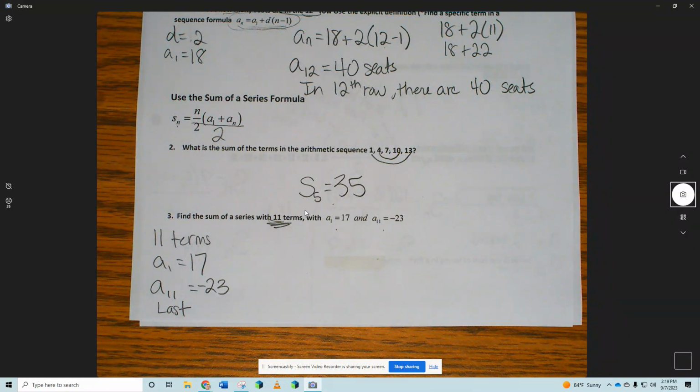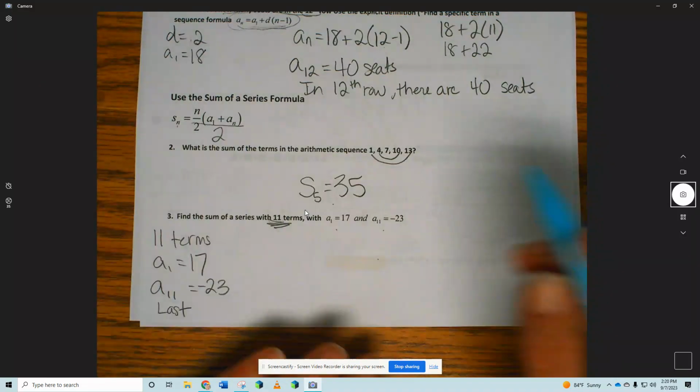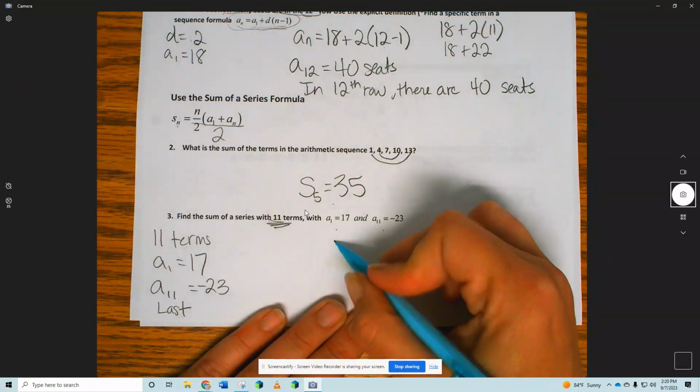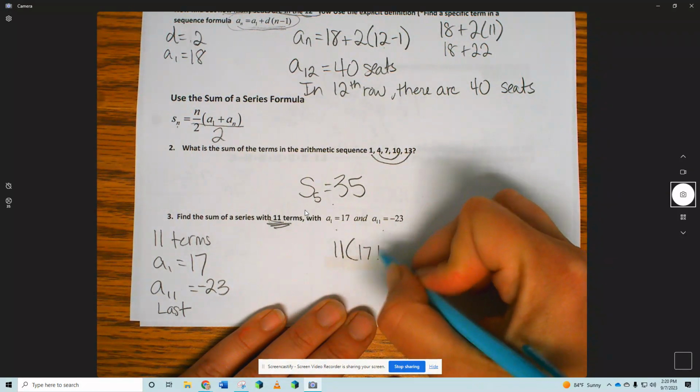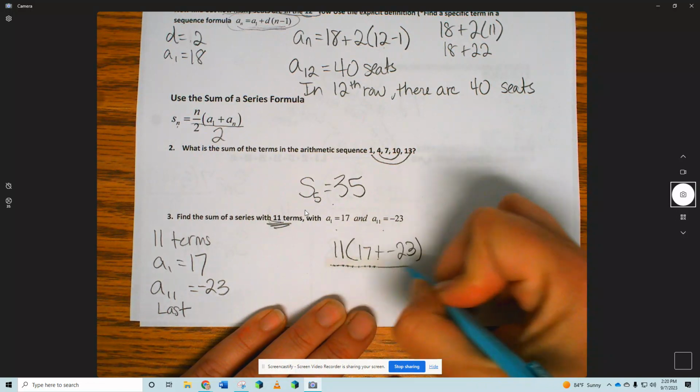Plug in what needs to go where into the formula. Here's the formula. 11 times 17 plus negative 23, all divided by 2, right?